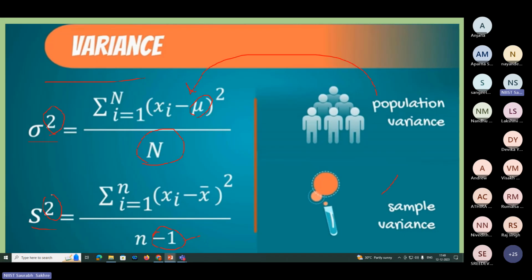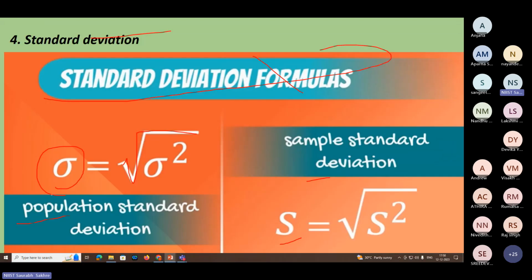Can the speed in meter per second or kilometer per hour be in squares? No, it cannot be. So I will take the square root of it. Once I take the square root, my units will be homogeneous and logical.